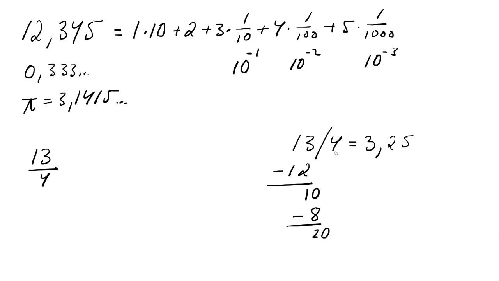So 5 times 4 is 20. So now we get 0, meaning that the answer to this division is 3.25. So we can write this as a decimal number, 3.25.